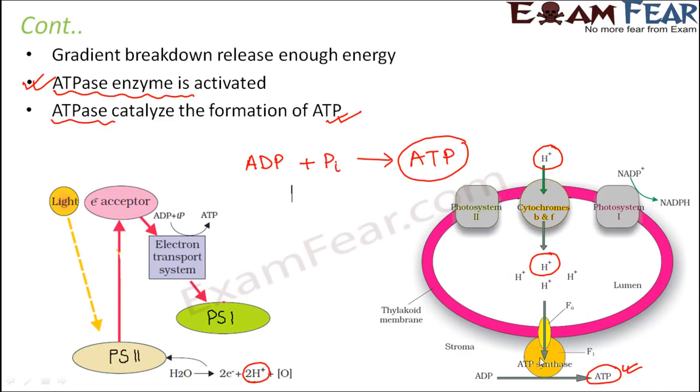As the protons start to move through this, gradient breakdown occurs, which releases enough energy. During this gradient breakdown, the ATP synthase enzyme catalyzes the reaction where ADP is phosphorylated, or inorganic phosphate is added to ADP to form ATP. So ATP synthase is the enzyme which acts as a catalyst in this reaction. This is how ATP synthesis takes place by non-cyclic photophosphorylation.